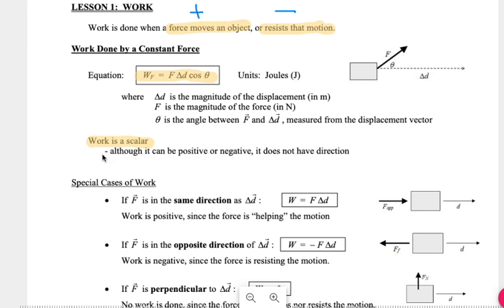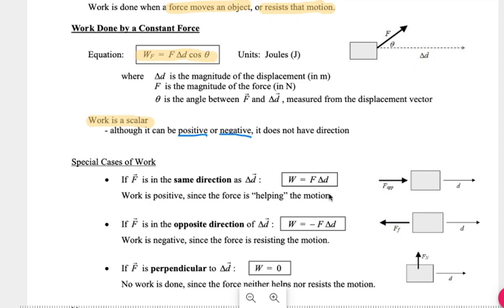It's kind of a weird exception though, because it can be positive or negative. But we still don't say we have work to the east. That doesn't make sense. We're just doing work. It doesn't matter what direction we're doing it in. The only thing that matters is whether we are assisting the motion or resisting it: positive would be assisting and negative would be resisting.